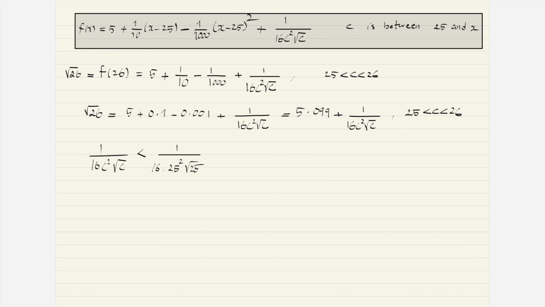You know that the minimum value of c is 25 and it doesn't reach 26. So this number is definitely less than this number. Why? Because the numerators are the same, so this 16 is the same, but c is greater than 25. So if I put a number greater than 25, this fraction becomes smaller than this fraction.